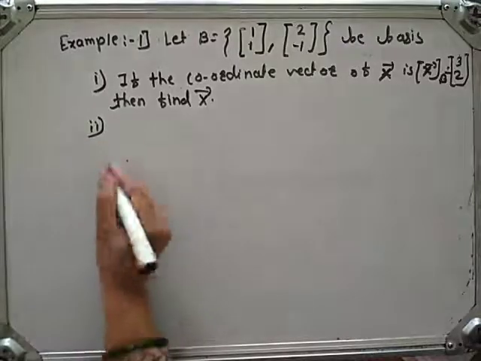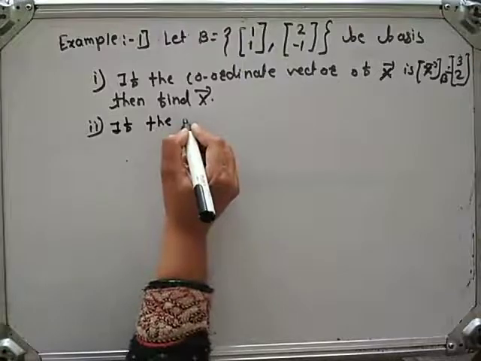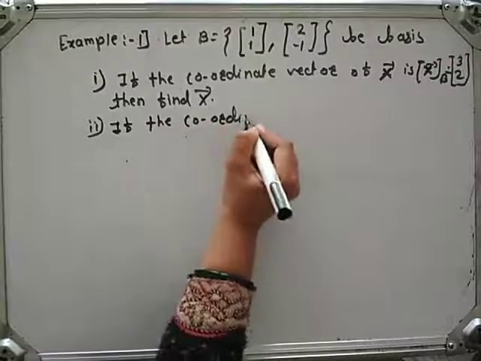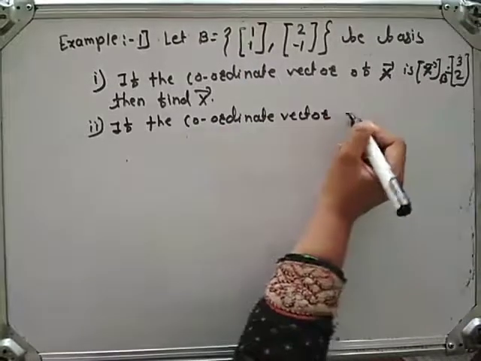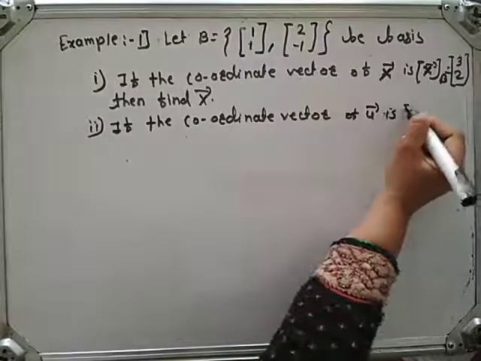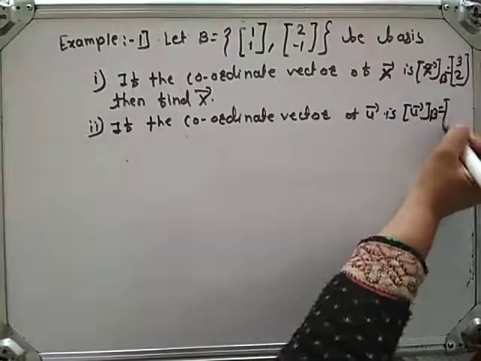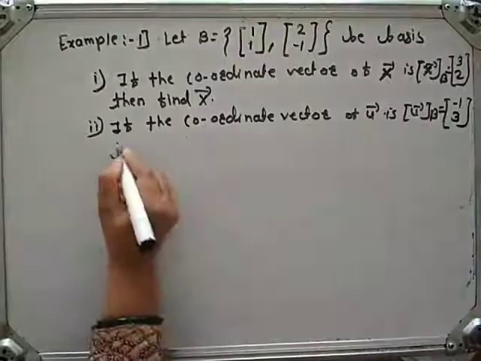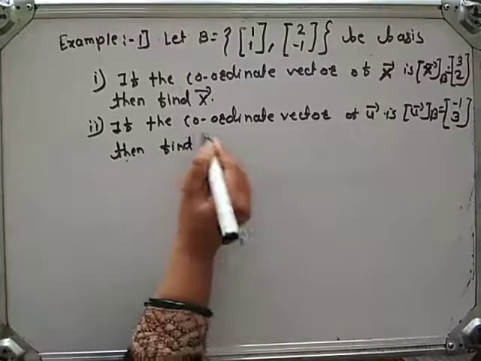The second sub-question is, if the coordinate vector of u bar relative to basis B is (-1, 3), then find u bar.